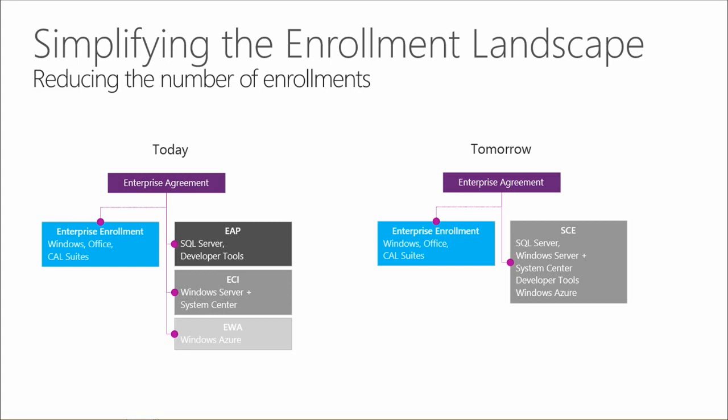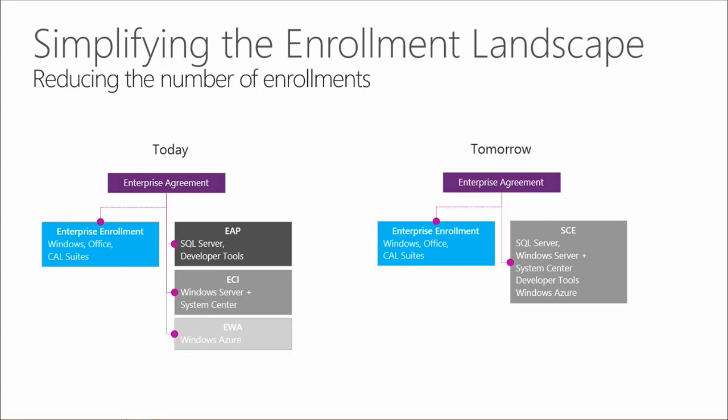Enrollment for Core Infrastructure, better known as ECI, was launched at the same time as EAP, and offers access to Windows Server plus System Center through a SKU called the Core Infrastructure Suite. It provides customers purchasing those SKUs a 20% discount versus what those products cost standalone, both for new units and for software assurance.